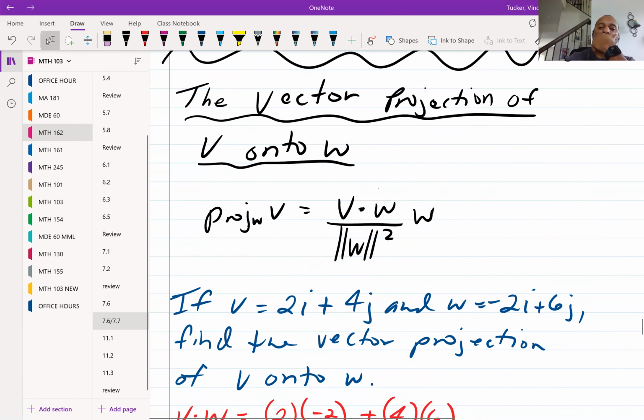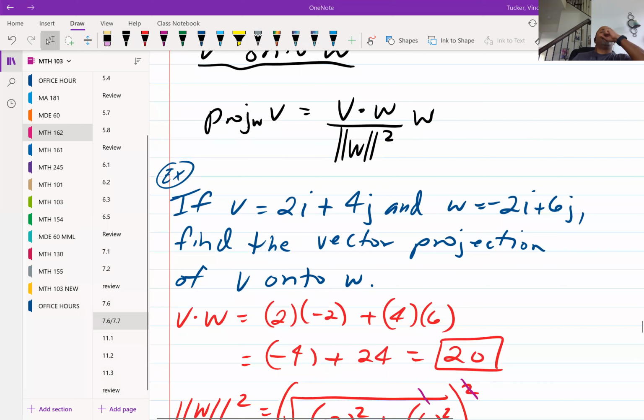So the first thing you find is the dot product of V and W. Let's call these A1, B1, A2, B2.